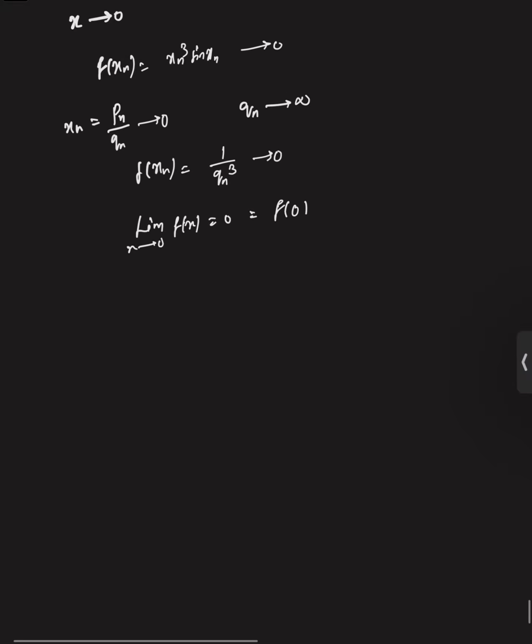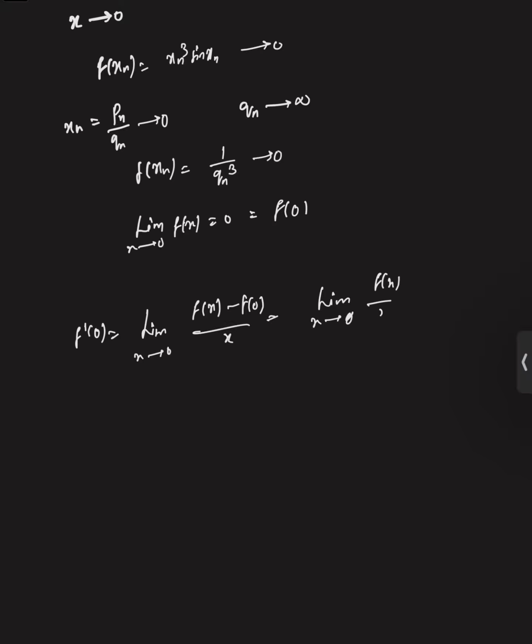Now if we consider the differentiability condition, f dash of 0 is nothing but the limit as x tends to 0 of f of x minus f of 0 divided by x, which is the limit as x tends to 0 of f of x by x. Now for an irrational number as x tends to 0, f of x by x is nothing but x square sine x, and this approaches 0.